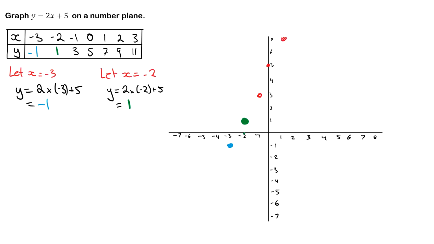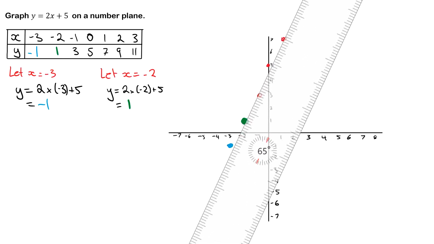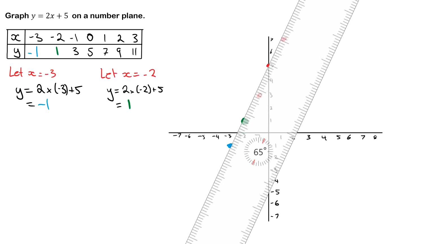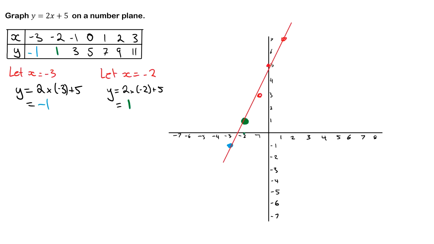I'm not going to bother with the rest because they go off the number plane that I've got. If I bring out my ruler, it's not going to be perfect, but I'll try to get it through most of the dots. So we have that line there, and this is y equals 2x plus 5.